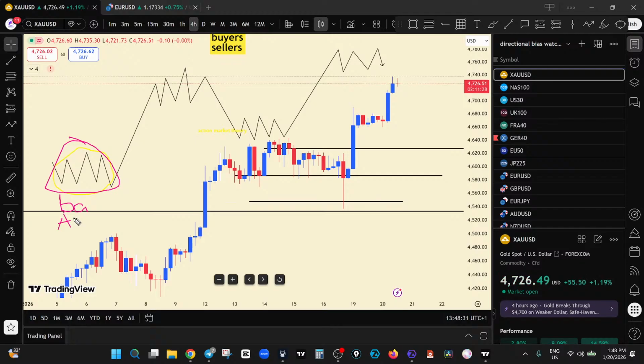Both buyers and sellers have accepted the price to do business. And once they accept the price to do business, they start accumulating their orders, either to go long or to go short. Both buyers and sellers will be here, buying at different levels, selling at different levels. This is acceptance. Both buyers and sellers agree to do business here.